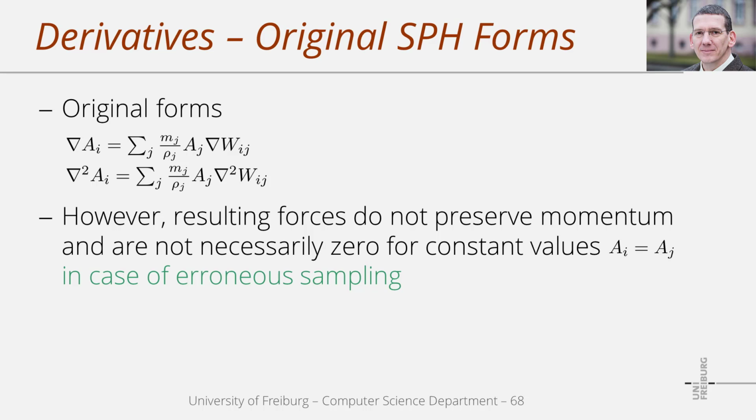And this requirement should be fulfilled independent from the quality of the particle distribution. Or the divergence of the velocity should be zero for a constant velocity field, also independent from the sampling quality. And that's why alternative SPH approximations have been proposed for specific purposes.